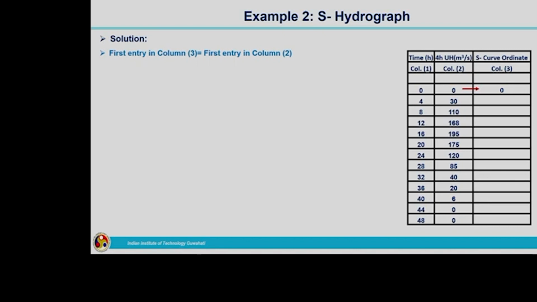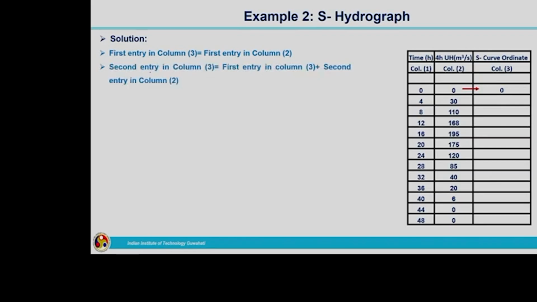We are summing up that what we were doing in the previous case, we were writing it again as S curve addition, which has to be added to the unit hydrograph ordinate at time t. Instead of making separate column, we are directly adding and putting in the column 3. So, second entry in column 3 is the first entry in column 3 plus second entry in column 2.